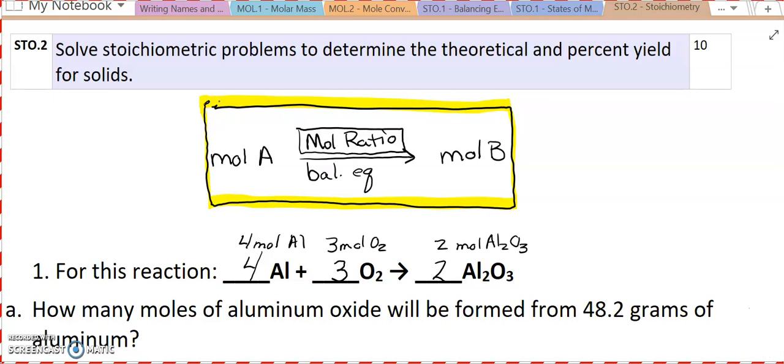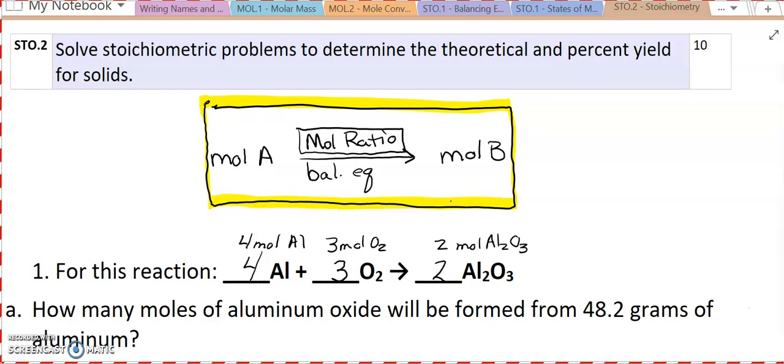If I start with a solution in lab, then I'm going to be measuring in milliliters of solution. And if I start with a gas in lab, then I'm probably going to be measuring milliliters of a gas. So my starting place is not always going to be what I need to be able to do the basic stoichiometry problem. Now for today, we're going to take a look at solids.